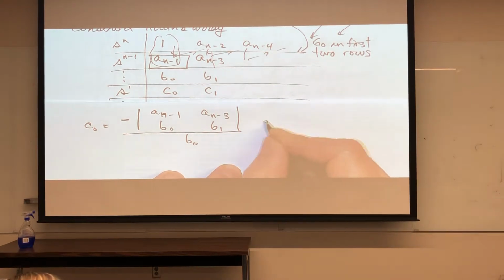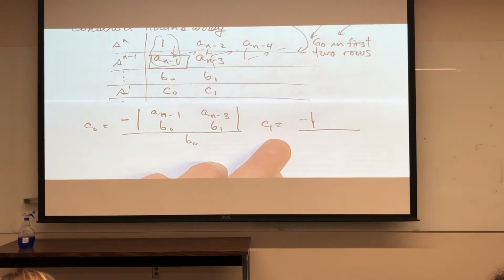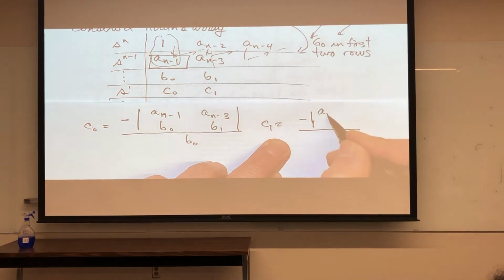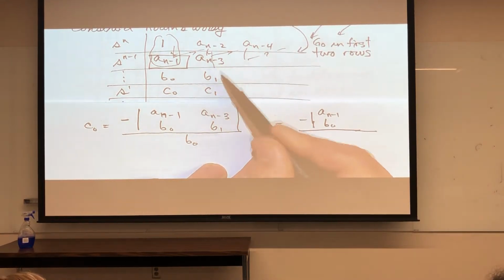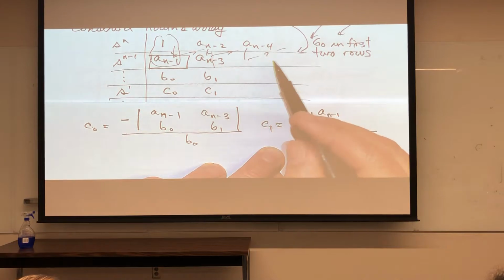Okay, let's do c1. It's a 2 by 2 determinant again. The first column doesn't change. Should be this, an minus 1, b0. We've already used these 2 coefficients here, so we got to do the next coefficient over. I didn't write them down, but we can kind of guess what they are.